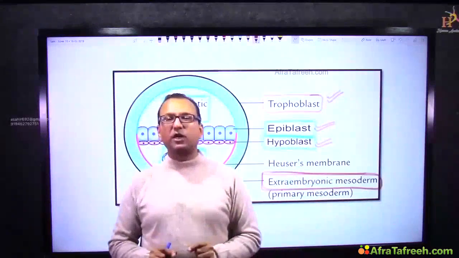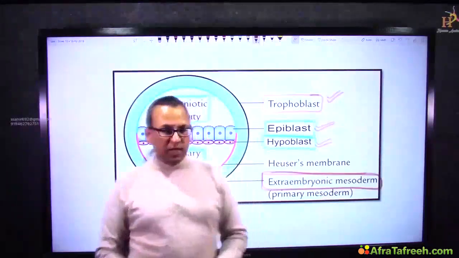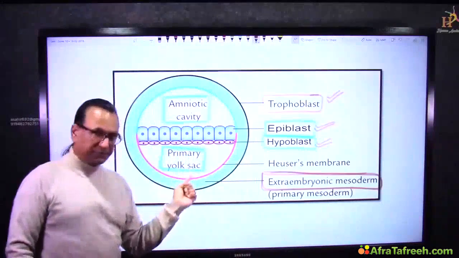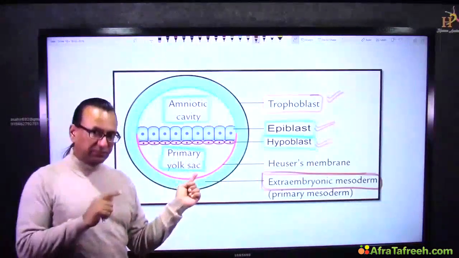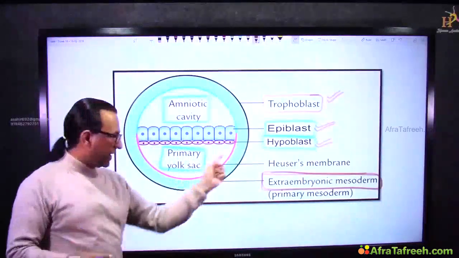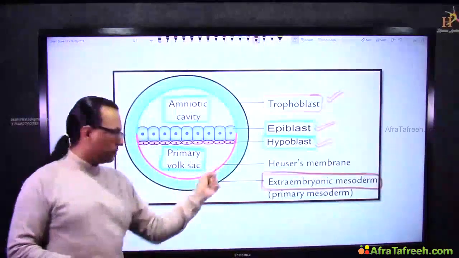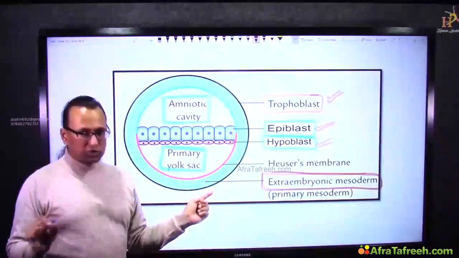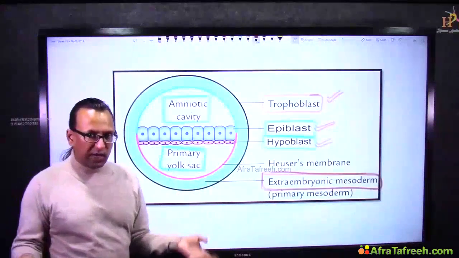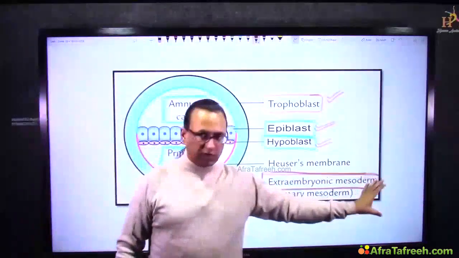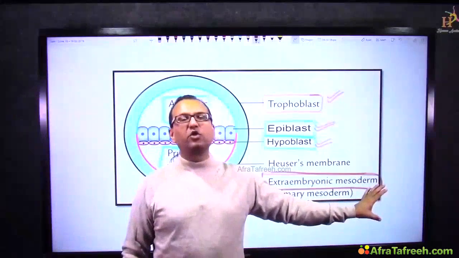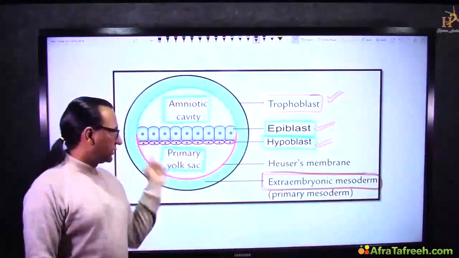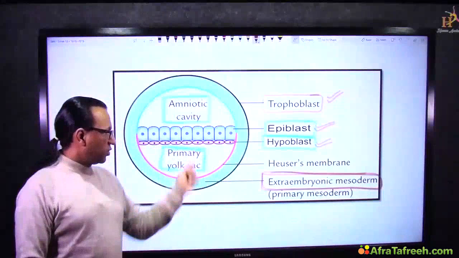Recently, there is a consensus that the primary yolk sac is lined by some cells and those cells will form extraembryonic mesoderm. Then, what are those cells? That we still don't know. Then what is the answer? If somebody asks me, where is extraembryonic mesoderm from? Your first answer should be, it is from the cells lining the primary yolk sac.